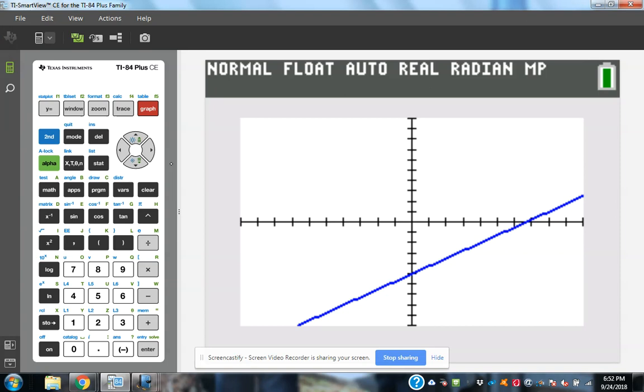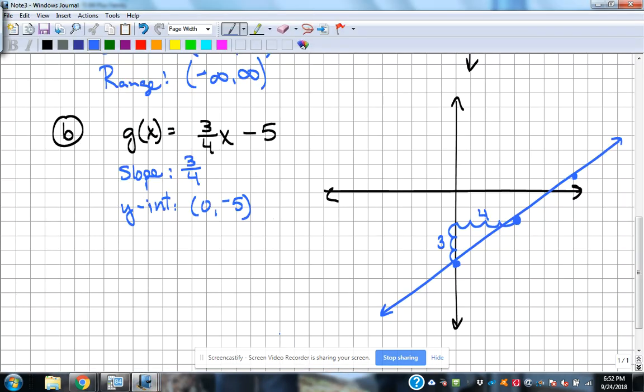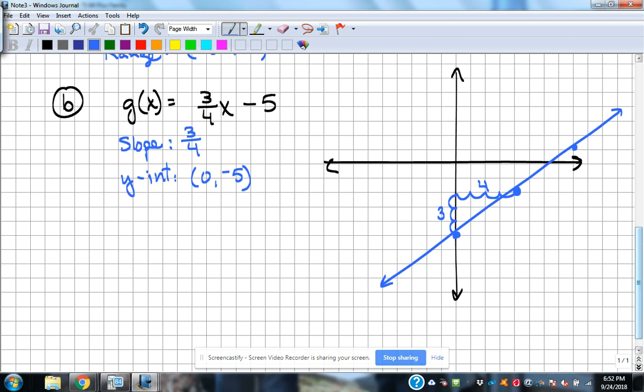Up 3, 1, 2, 3, over 4: 1, 2, 3, 4. And I land right on the blue line. Same picture, just the calculator doing it for us. Slope, y-intercept: start with your y-intercept, and then count your rise over run for your slope. You're going to get plenty of practice with the rise over run this week and next week.